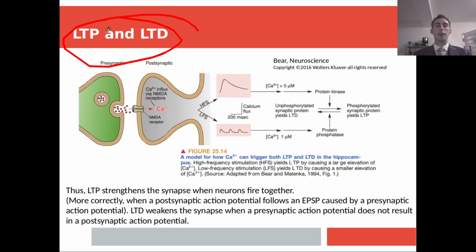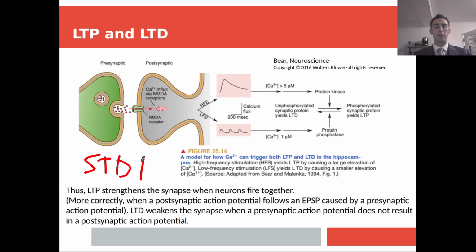Okay, so summary, LTP and LTD. LTP strengthens the synapse when the neurons fire together, or specifically when a postsynaptic action potential follows an EPSP caused by a presynaptic action potential. That's called spike timing dependent plasticity.